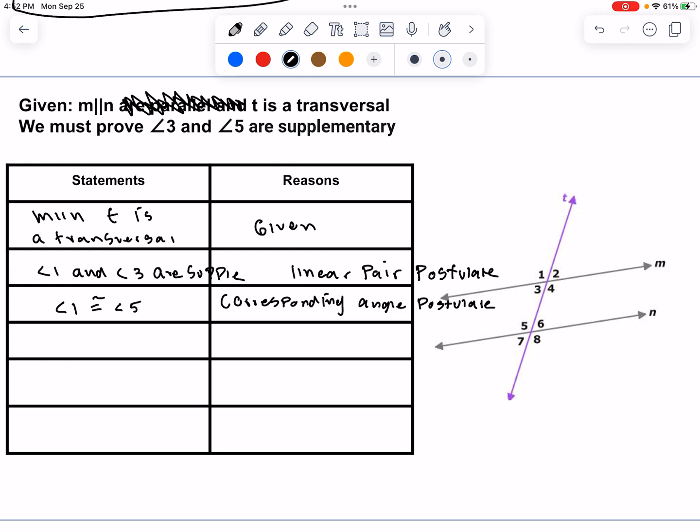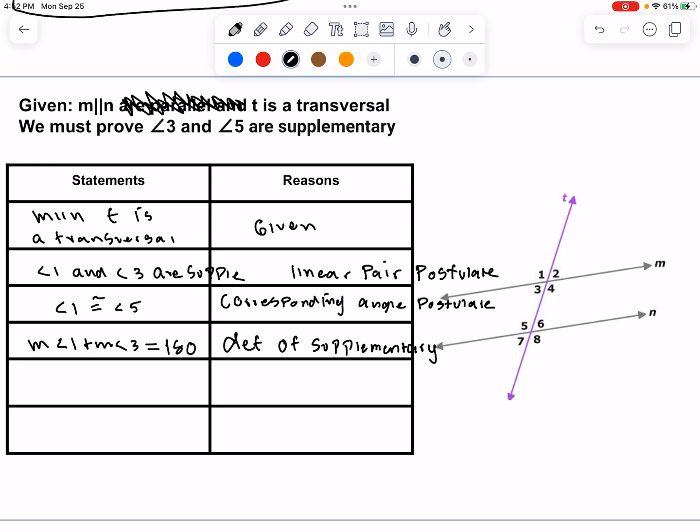Now, what does it mean to be congruent? Well, first, let's do supplementary. If 1 and 3 are supplementary, what does it mean to be supplementary? The definition of supplementary says that if they're supplementary, that means they add up to 180. So I'm going to say since 1 and 3 are supplementary, that means that the measure of 1 plus the measure of 3 is 180.